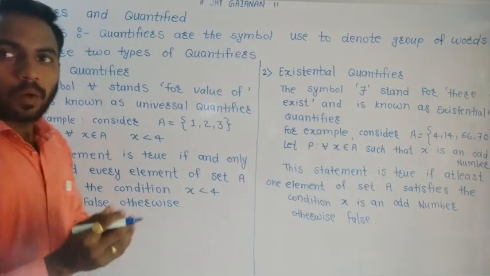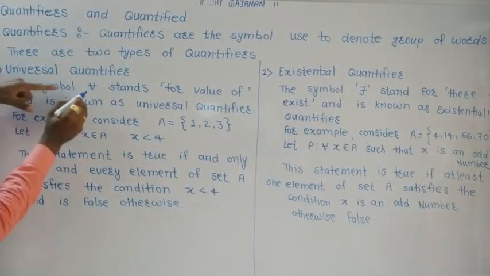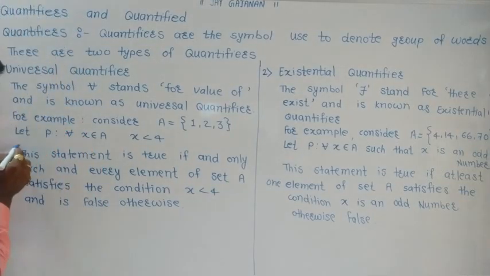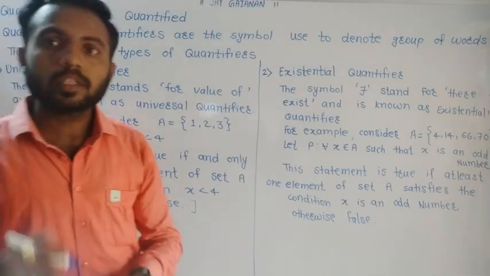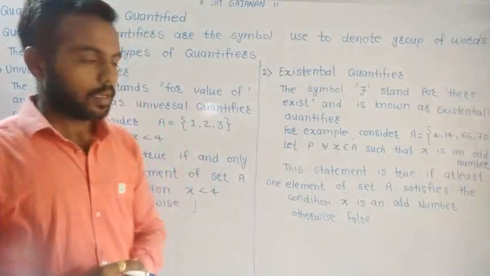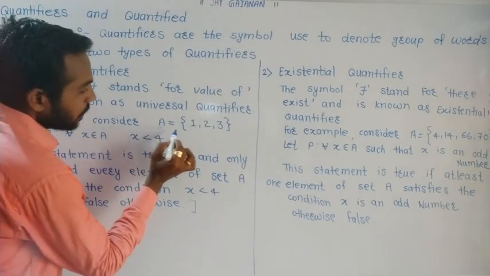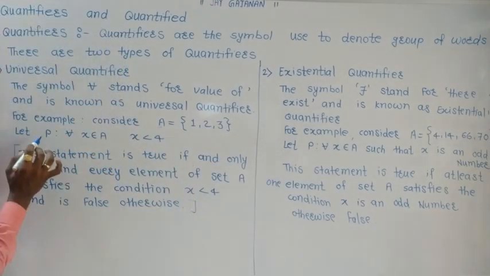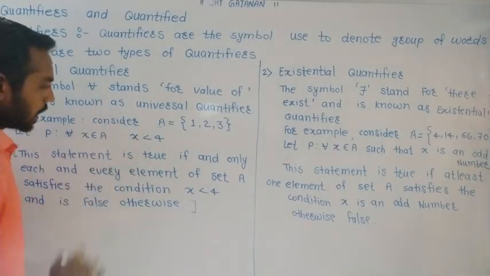It means whenever we have the symbol for all, we will use this condition to determine whether the statement is true or false. Now here we have a set A with elements 1, 2, 3 and a statement P: for all x belonging to A, x is less than 4.